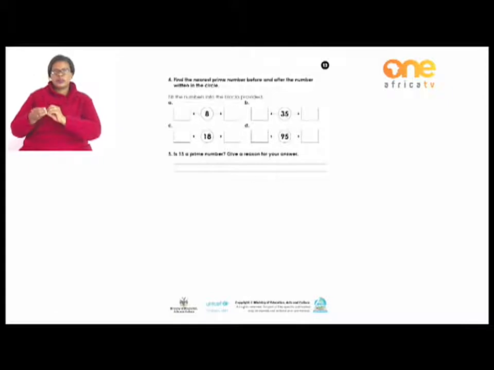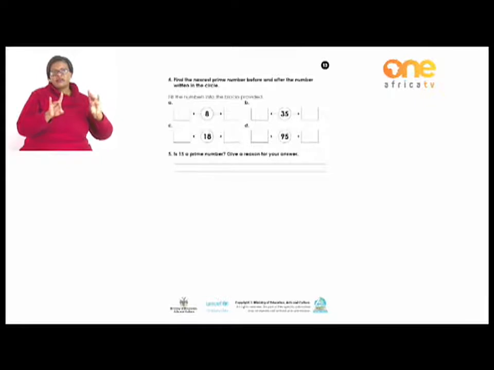In other words, the prime number. Now, the nearest prime number next to 8. Let me just help you a little bit there at A. The nearest prime number before 8 will be 7.